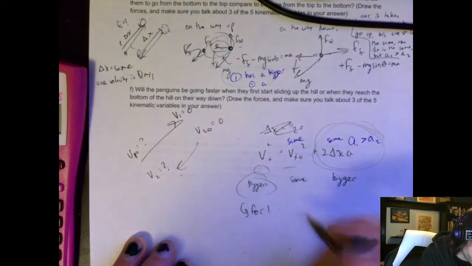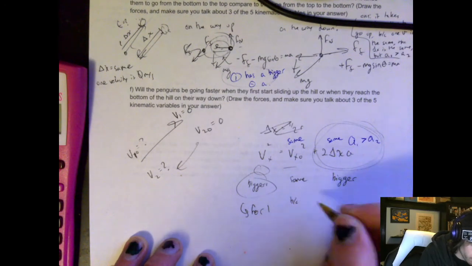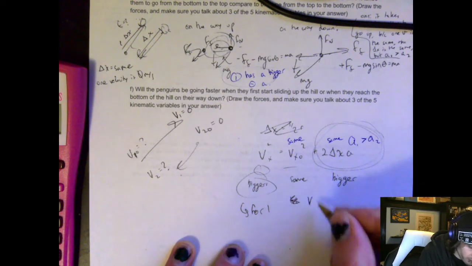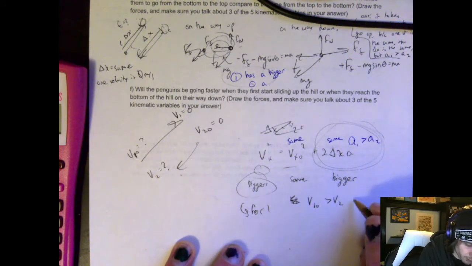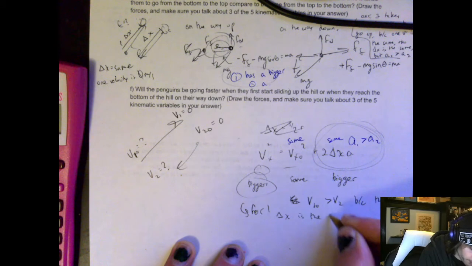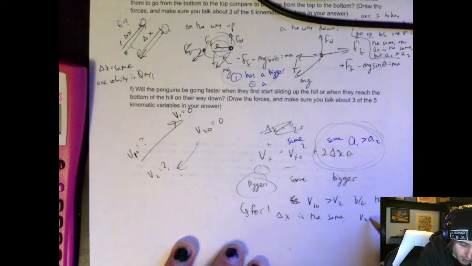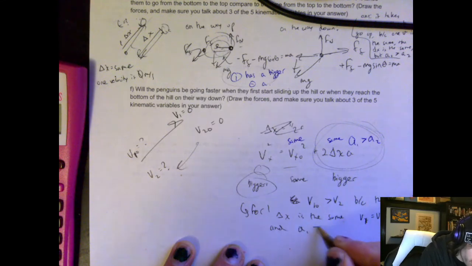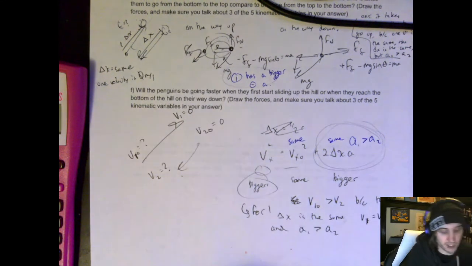So because the initial velocity for 1 is bigger than the final velocity for 2, because the displacement is the same, there are 2: the final velocity from the first section is equal to the initial velocity from the second section, and the acceleration for the first section is bigger than the acceleration for the second section.